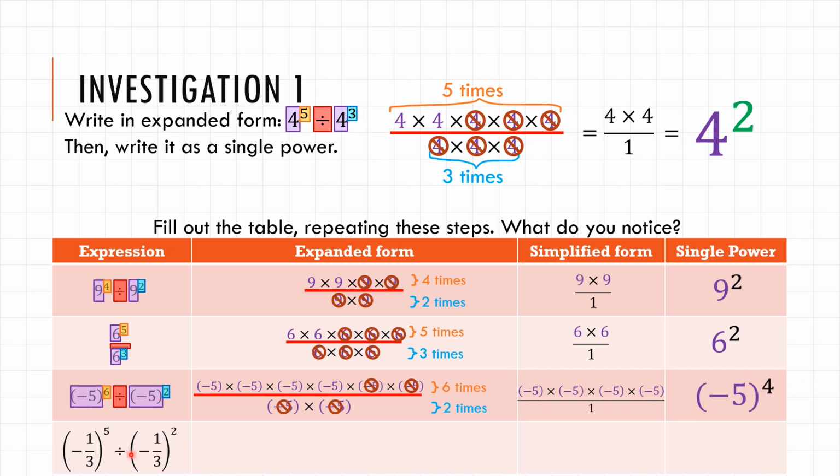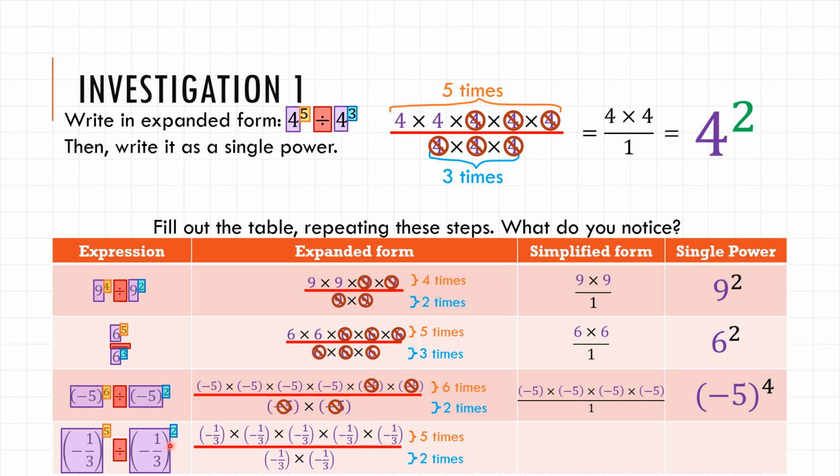And finally, over here at the bottom, this last row, a negative fraction is our base. Does that change things? Does that make things different for us? No. This still says take this base and multiply it by itself 5 times and divide that by that same base multiplied by itself 2 times.